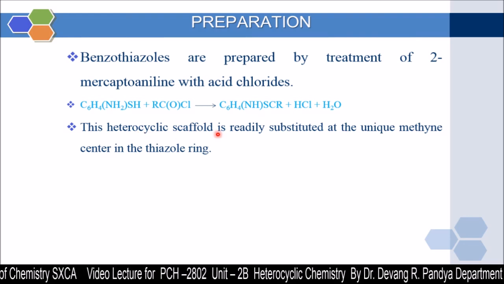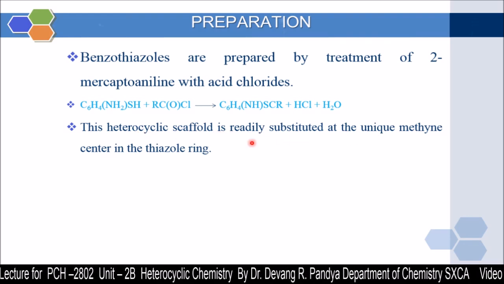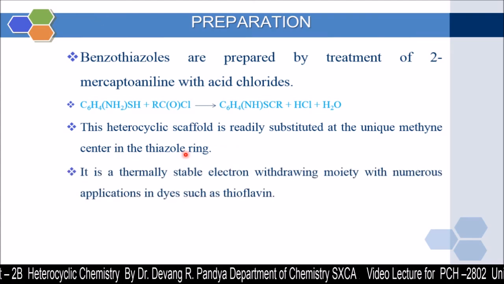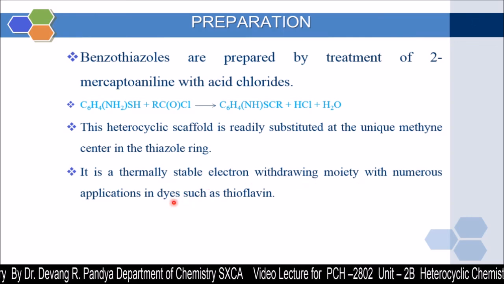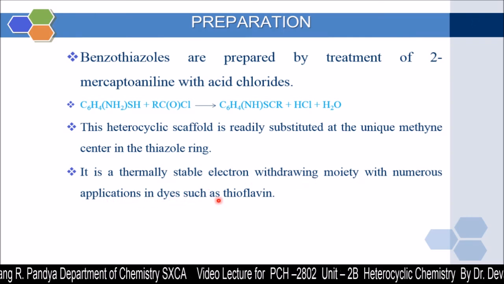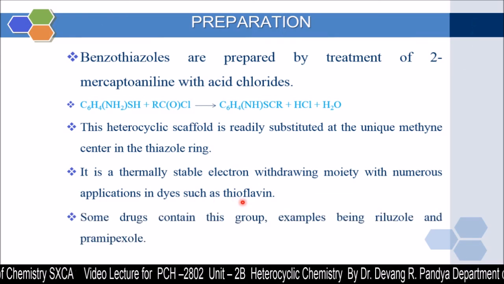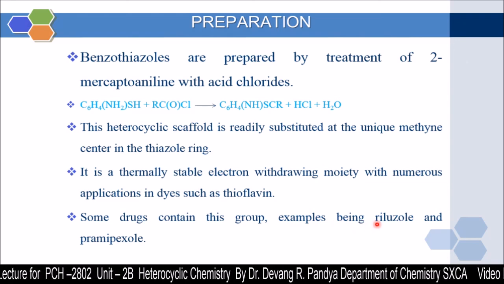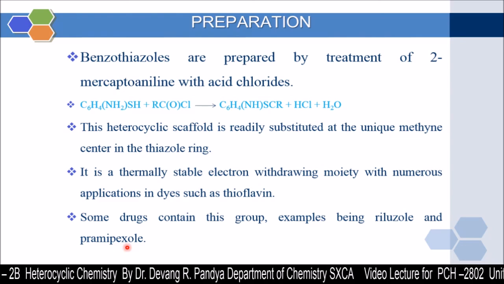The heterocyclic scaffold is readily substituted at the unique methine center in the thiazole ring. It is a thermally stable, electron withdrawing moiety with numerous applications in dyes industry such as thioflavin. Some drugs containing this group, examples being riluzole and pramipexole.